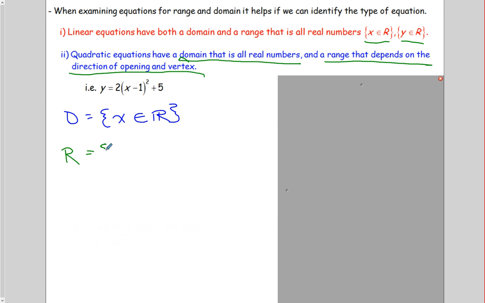For a range, we say, okay, y is an element of real numbers, because it's not just points, but y has got to be equal to or greater than 5. Can't be anything less than that because the graph doesn't exist there. Let's have a look at our other one.